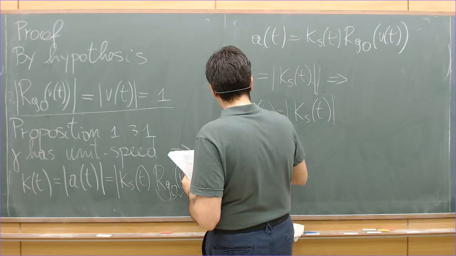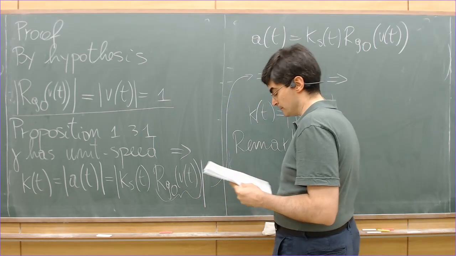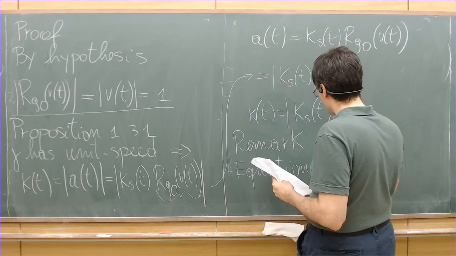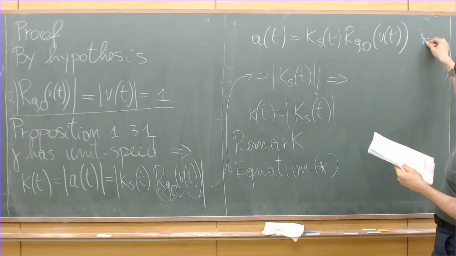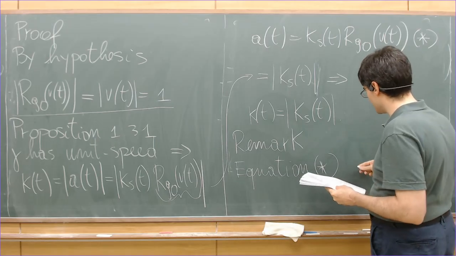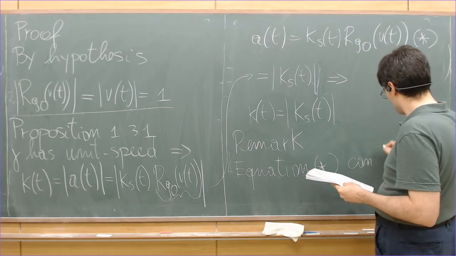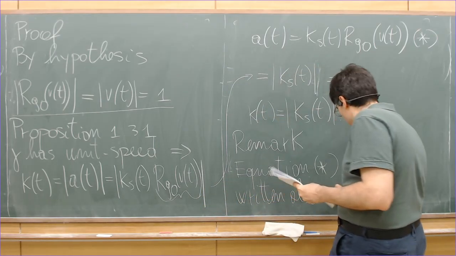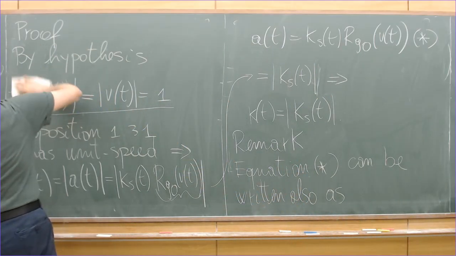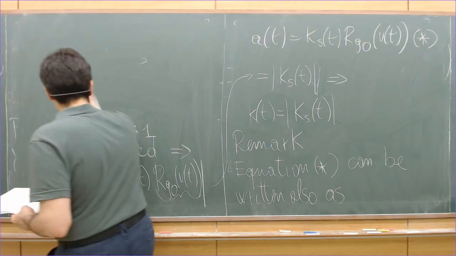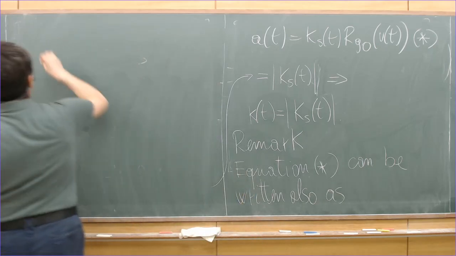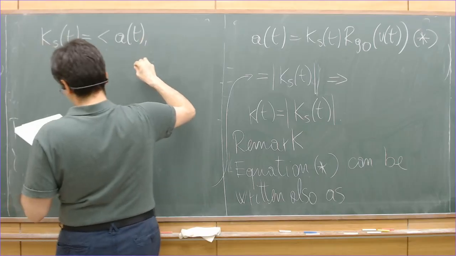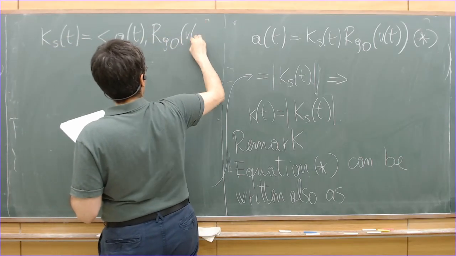Okay, one more remark. The equation star, given by this equation here, can also be written as ks(t) equal to the inner product of A(t) and R90 V of t.